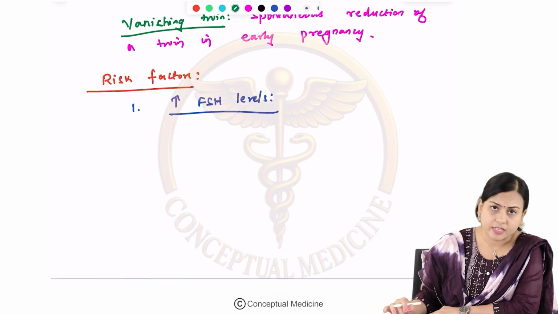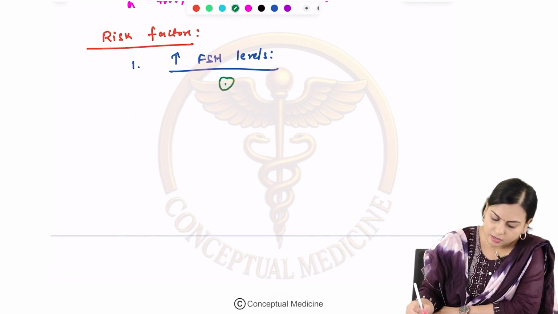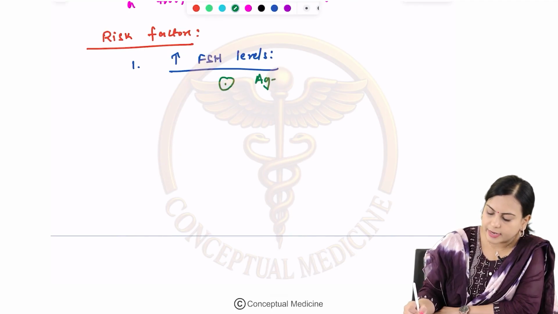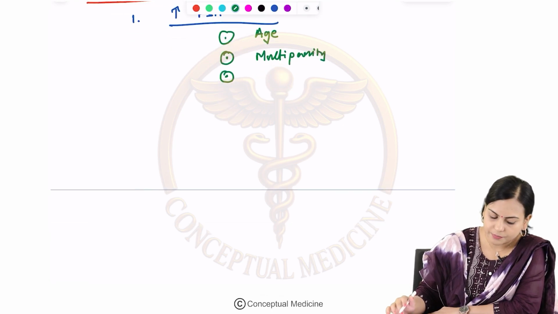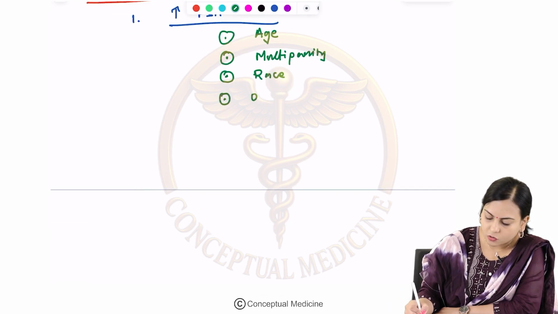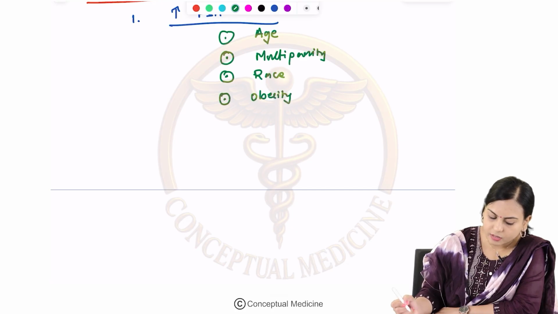So, these conditions include, first one is her age, that is elderly, then multiparity, okay, she already has babies, then race, and then obesity, okay.